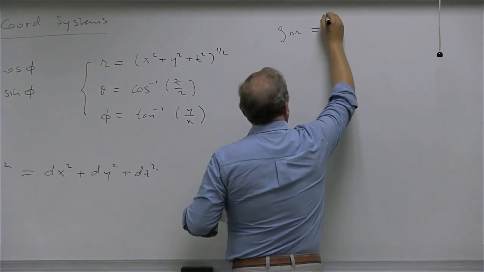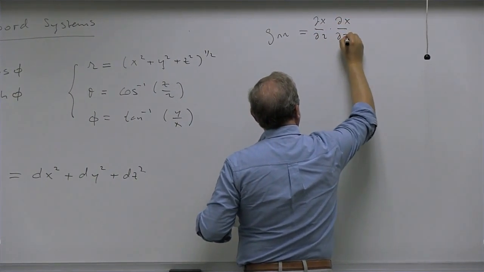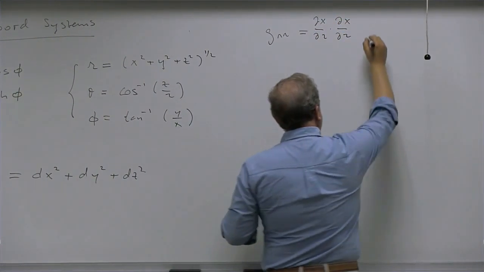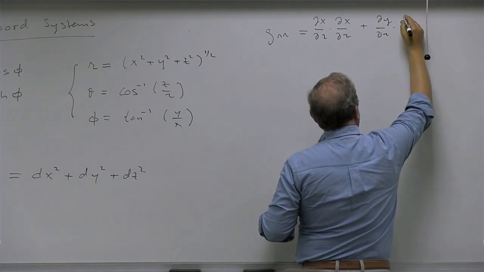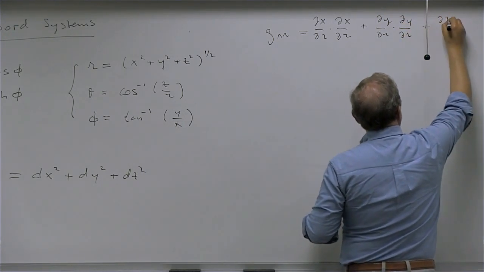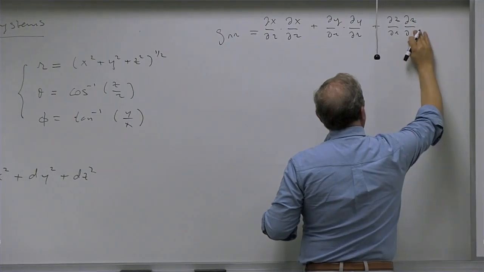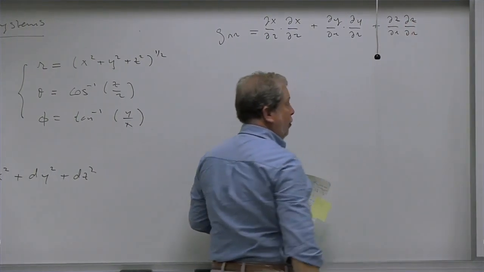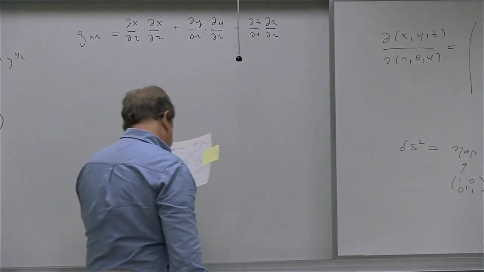So it is dx by dr times, again, dx by dr. And then the next entry is dy by dr times, again, dy by dr, plus dz by dr times dz by dr. Only the diagonal entries matter because the matrix eta is diagonal.